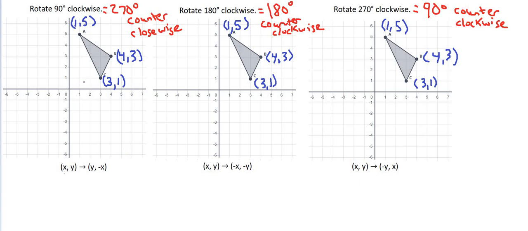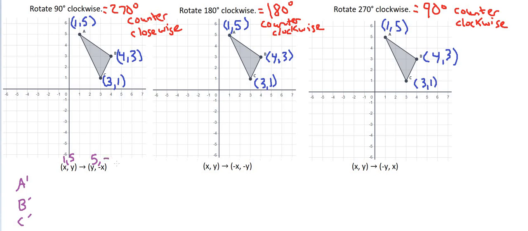And now for the 90-degree clockwise turn, I'm going to apply the rule. The (x, y) becomes (y, -x) for each of the points there. So I'm going to have my A prime, B prime, and C prime. My A was (1, 5), and I flipped this to become 5, and I changed the sign of the x.